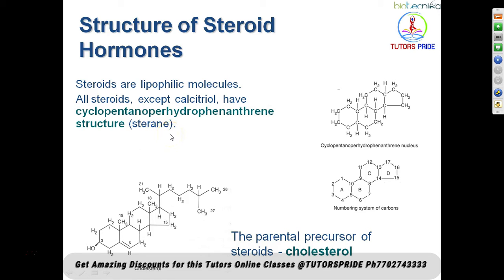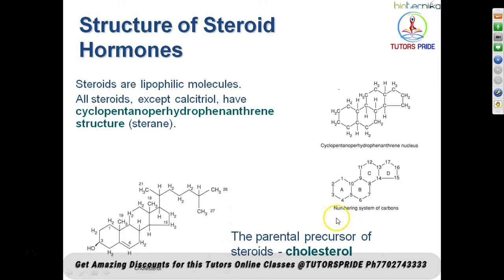So except calcitriol, all other steroids have the sterane nucleus, the cyclopentanoperhydrophenanthrene nucleus. All the steroids have this nucleus; this is called the sterane nucleus. Remember the exception.